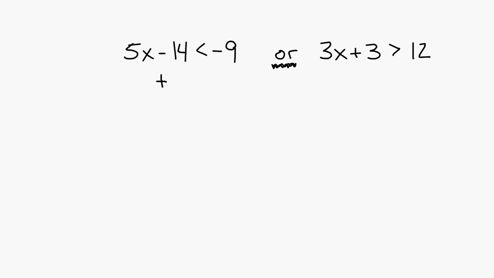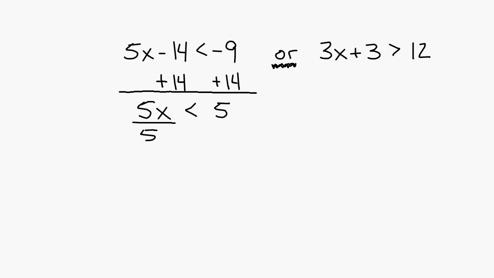So you're going to add 14 to each side. So 5x is going to be less than negative 9 plus 14 is 5. And then you're going to divide each side by 5. So x is less than 1. The word OR comes down with your answer.